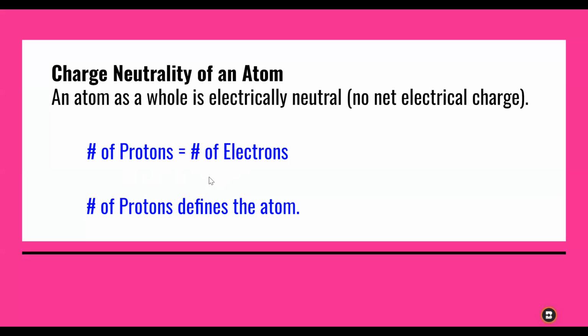Okay. So each element has its unique number of protons. And then the atomic number is the number of protons of the atom. If the atomic number is 6, the number of protons is 6.